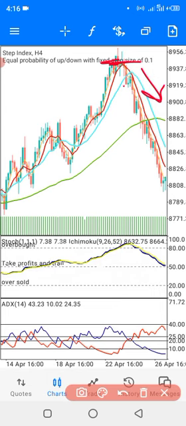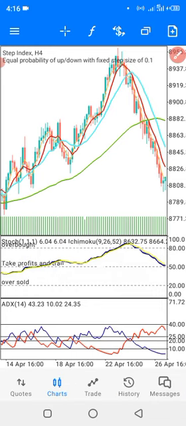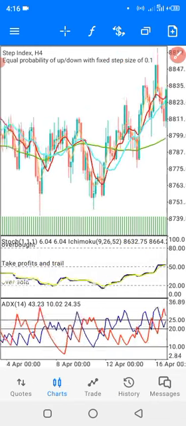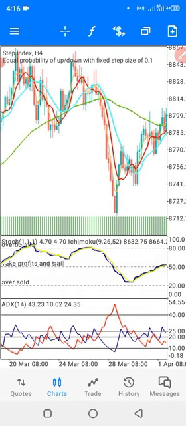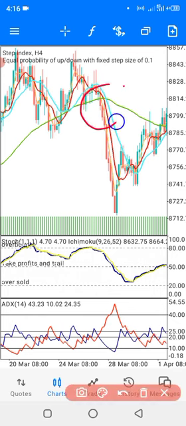So to get a confirmation of this signal, what do you do? When there is a crossing in this format, the 60 moving average cutting through the price in this form, it indicates a selling signal, a selling position. Okay, it indicates a selling signal.